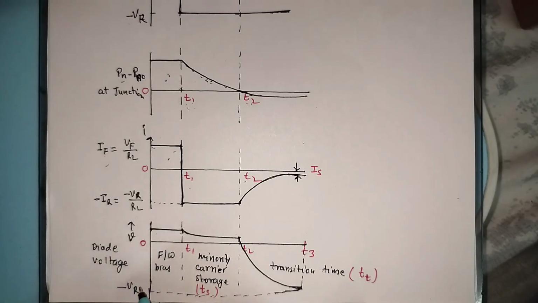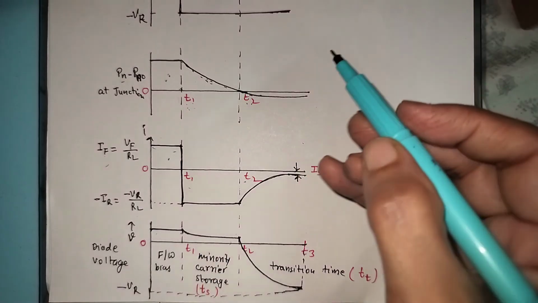Now we see the diode voltage. As the diode forward resistance is very small, the voltage drop across the diode is very small. During the forward condition, this will be the voltage across the diode, and it will be positive. When the diode is suddenly reverse biased, this voltage will slightly fall but does not go to 0.